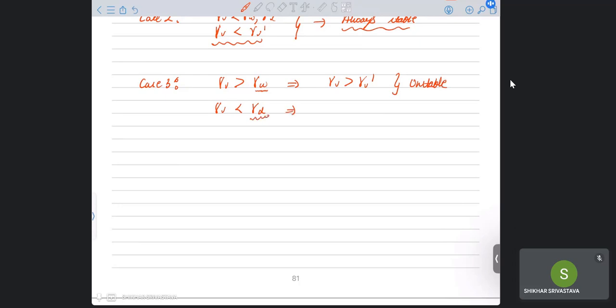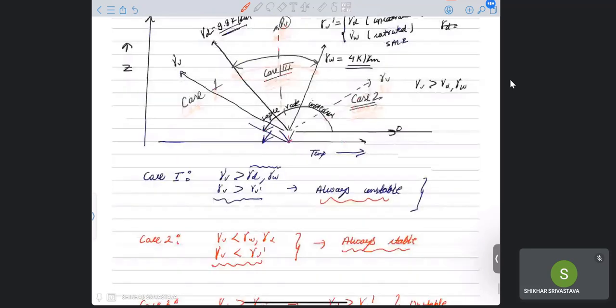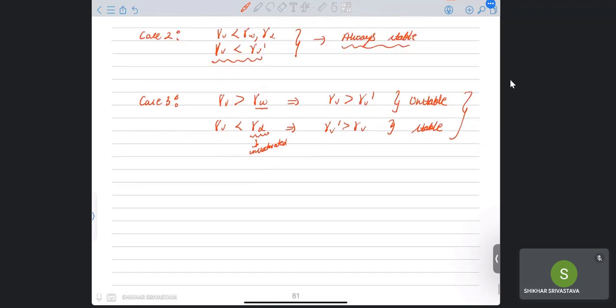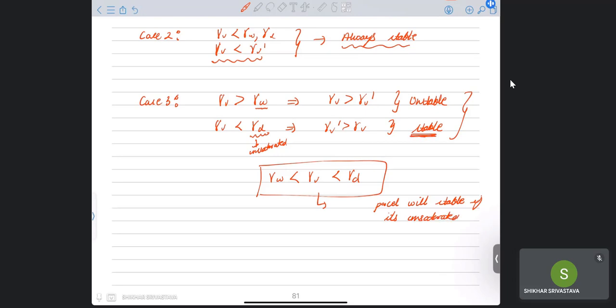Or in the second case, if the parcel is unsaturated, it will follow the dry adiabatic lapse rate, and in that case its lapse rate gamma V prime is greater than gamma V, so it will be stable. So if the environment lapse rate is greater than gamma W and less than gamma D, then the parcel will be stable if it is unsaturated, because its lapse rate will be gamma D, and then it will satisfy this condition.